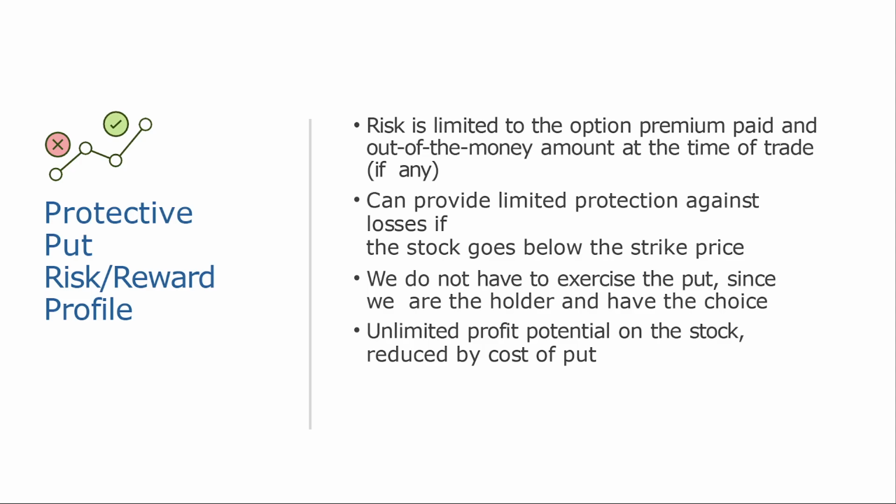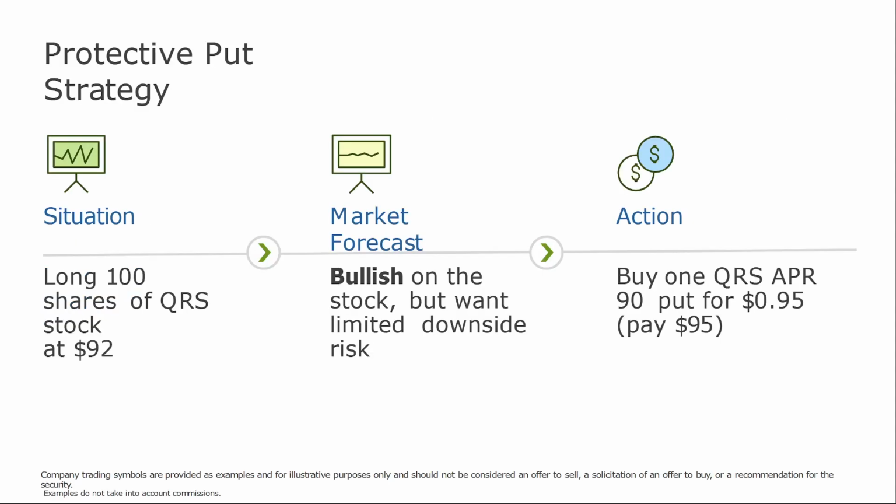And we do not have to exercise the put, since we are the holder and have the choice if we want to do it. At the same time, the unlimited profit potential on the stock is going to be reduced by the cost of the put. So like I said, in this case, we believe that the market is going to go bullish.